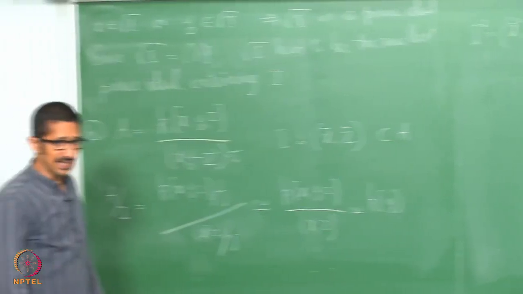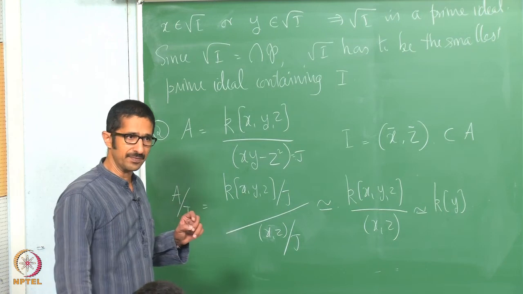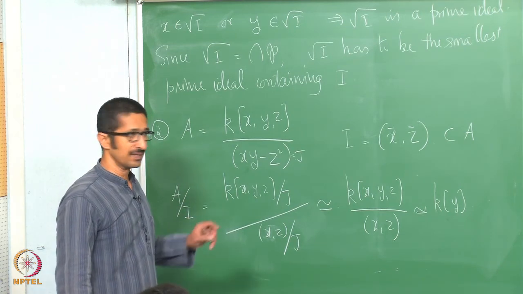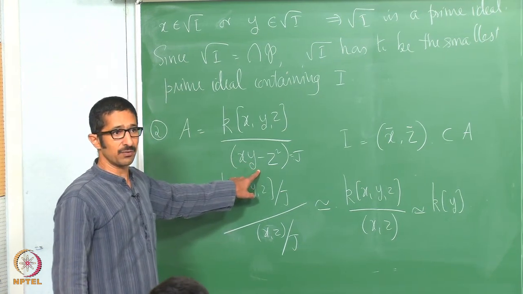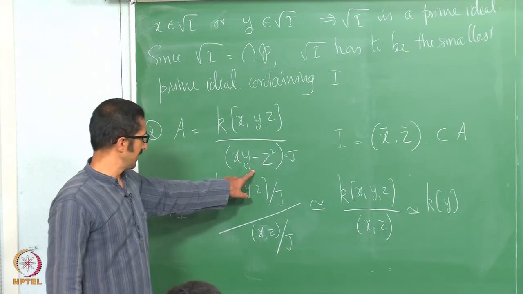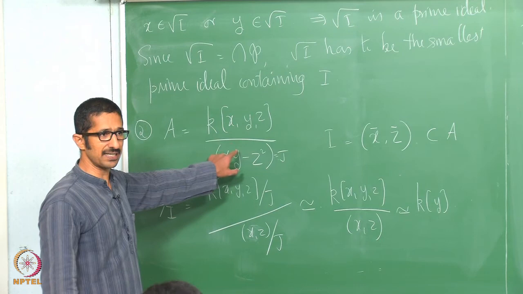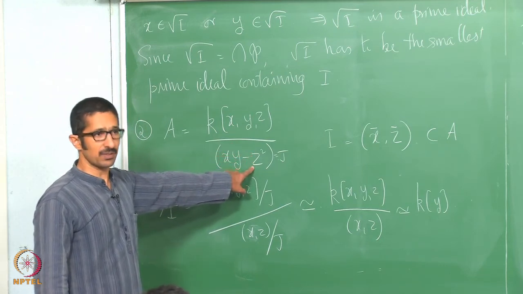But now in A, what is z bar square? z bar square is same as x bar y bar, right. x bar y bar minus z bar square is 0 in A. So, therefore, x bar y bar and z bar square is same as x bar y bar.